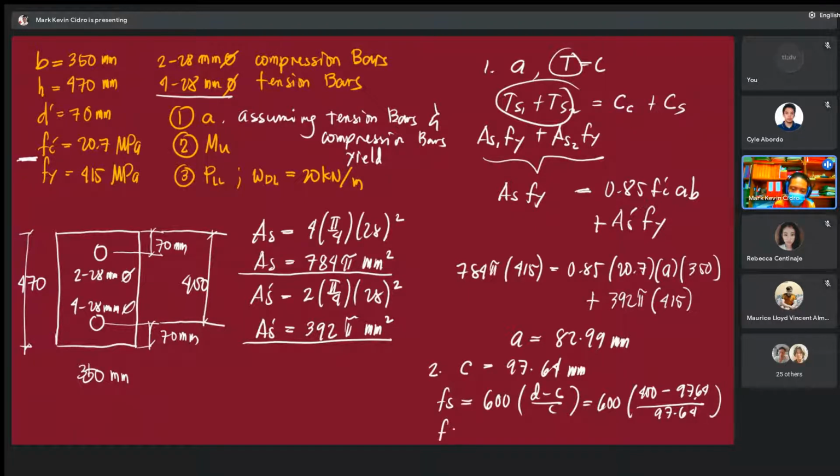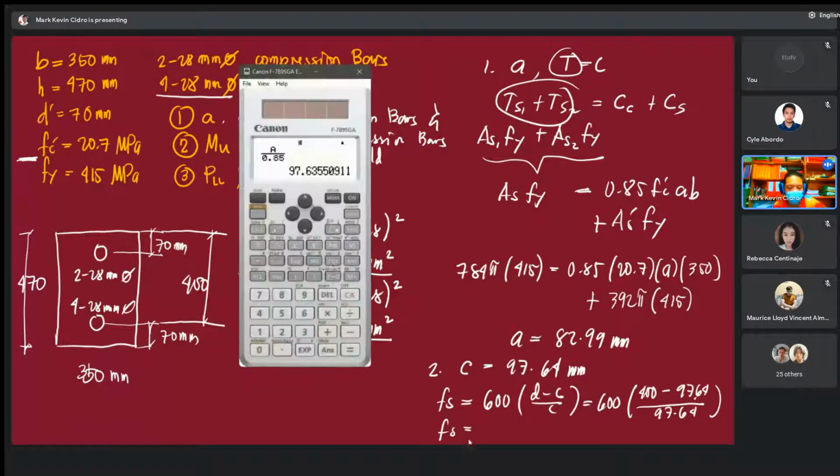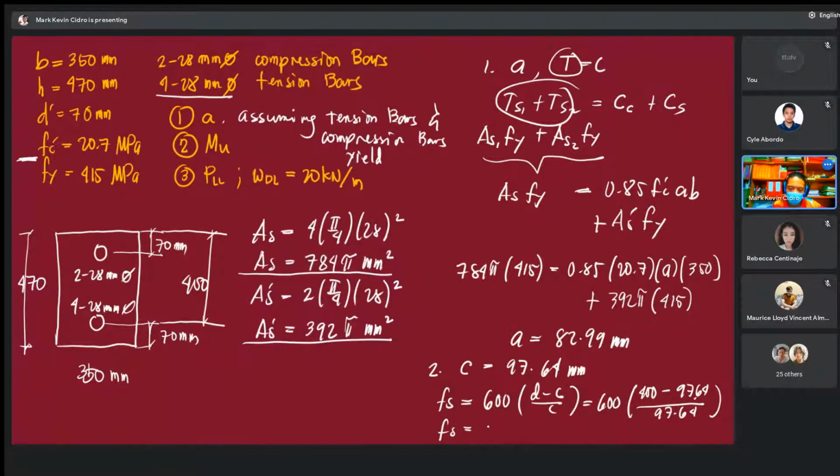You can solve for the value of your Fs. This is 600 multiplied by 400 minus C, over C, which is equal to 1858.12.